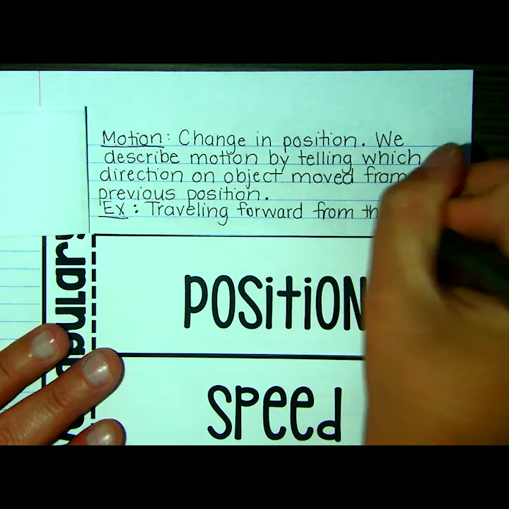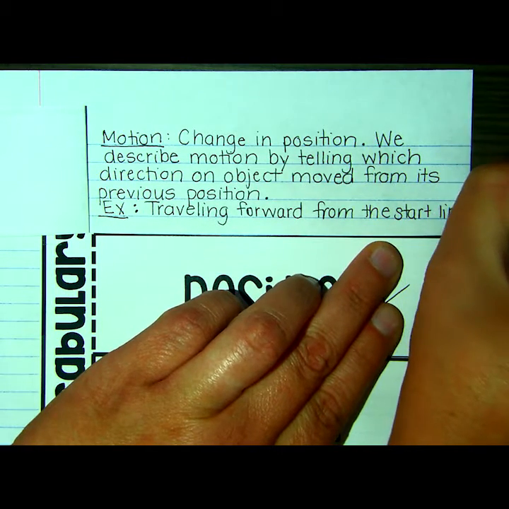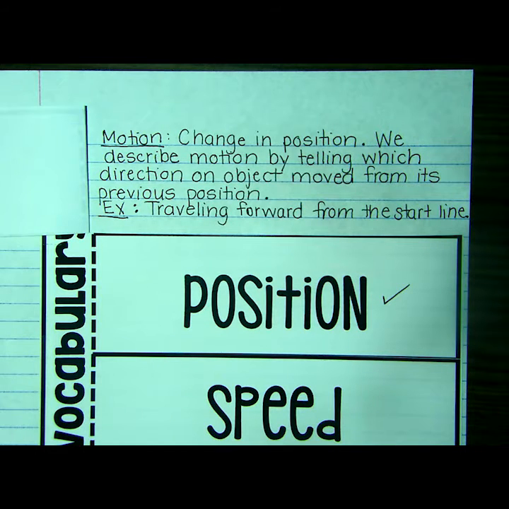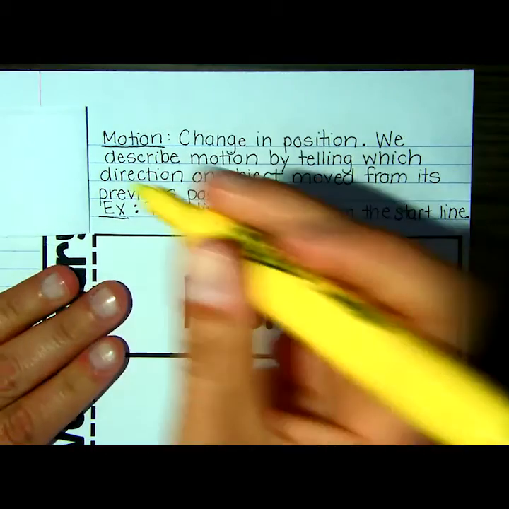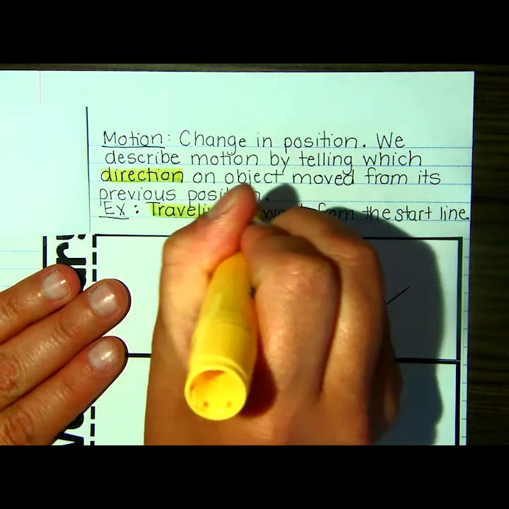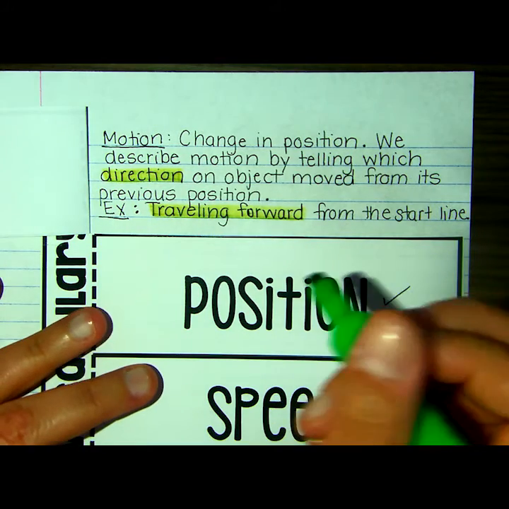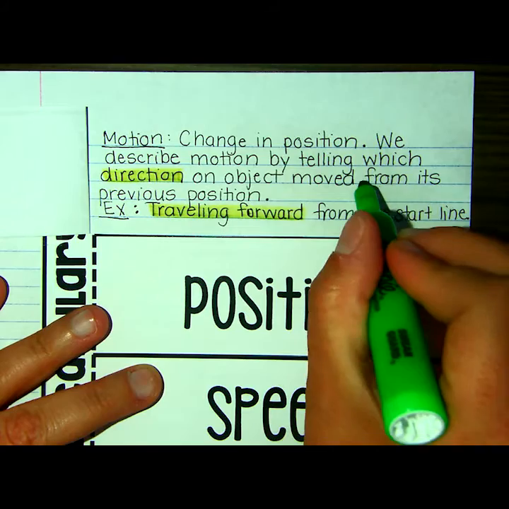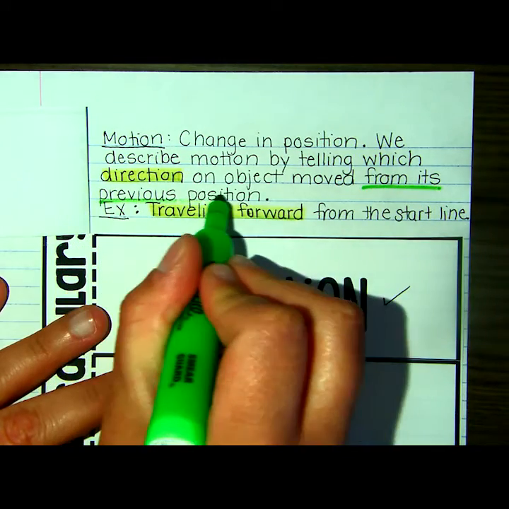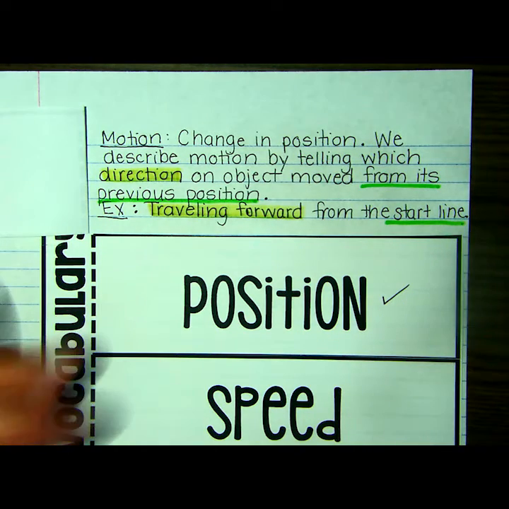See if I can squeeze it all in. So if we think about the definition that we just gave, using direction, that would be this part, traveling forward. So now we know the object is moving. And then from its previous position. Well, where did we start? At the start line.